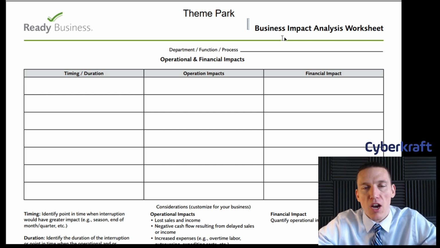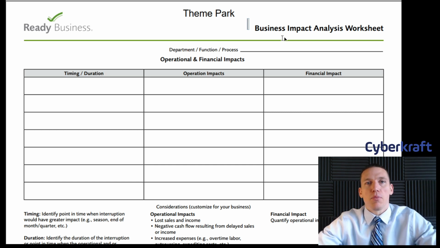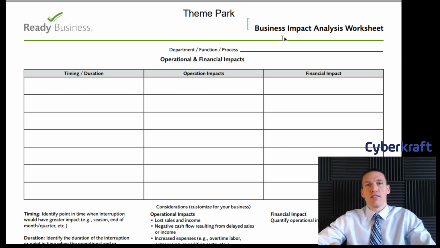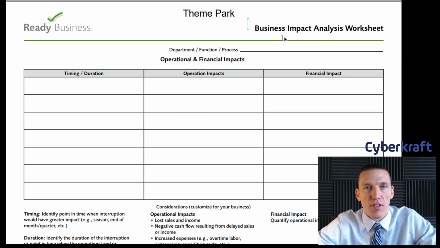Each business area or business function will have its own set of requirements, its own service offerings. So with this theme park, it's pretty simple, you might have the rides, the games, the concession stands or the food, the ticketing office. Those might all be different departments within that theme park to get it to run.